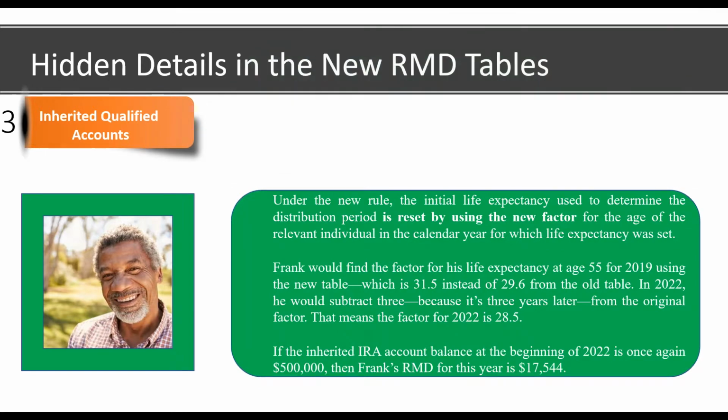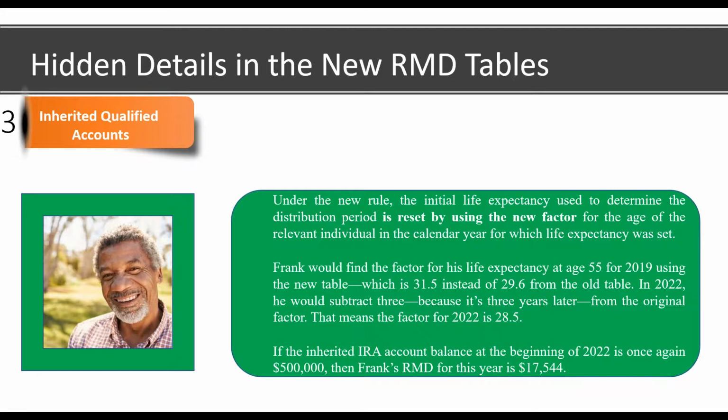So we're going to reset Frank's initial factor, the one that we started with in 2020, to the age 55 factor using the new table. And so instead of using 29.6 as the starting point, we're going to use 31.5, which is the life expectancy factor for a 55-year-old under the new table.